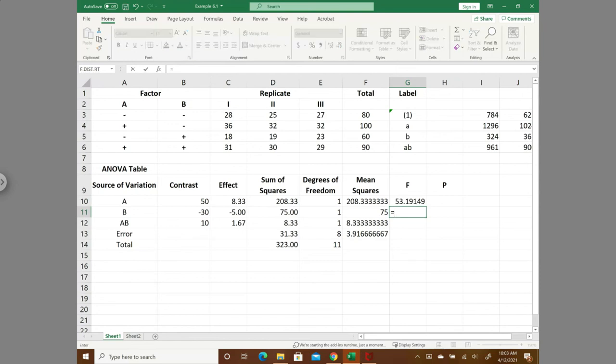For factor B, similarly you take mean square for factor B divided by mean square error. Once again, 19 is also a very significantly high value. For interaction effect, you take the mean square interaction divided by mean square error.